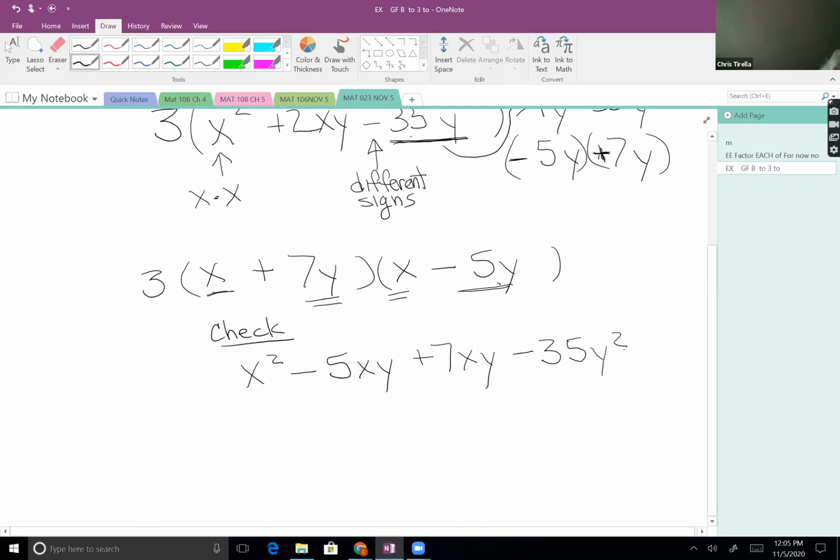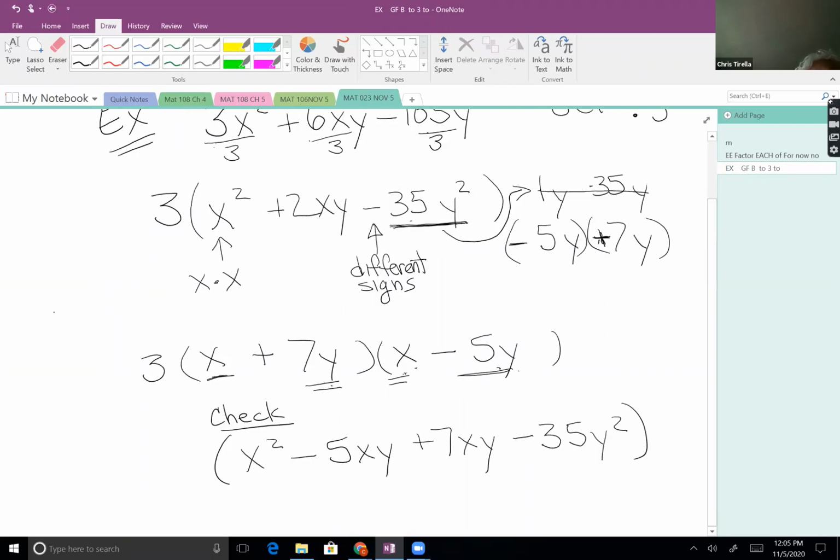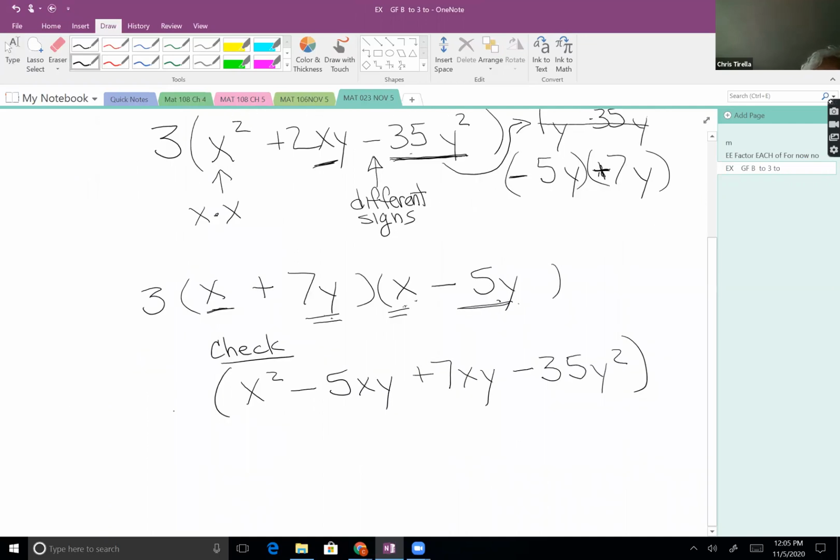And so do you see that FOILing process? If the first terms both have x's and the last terms both have y's, do you see it gives me that xy in the middle? And so I've got 3 times x squared plus 2xy minus 35y squared.